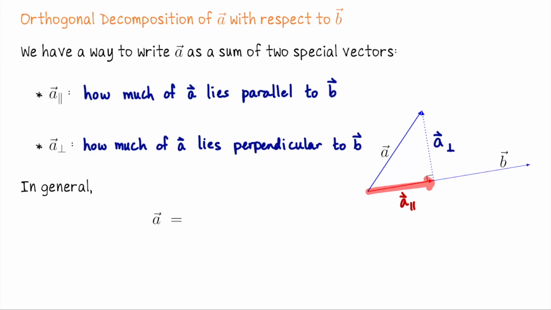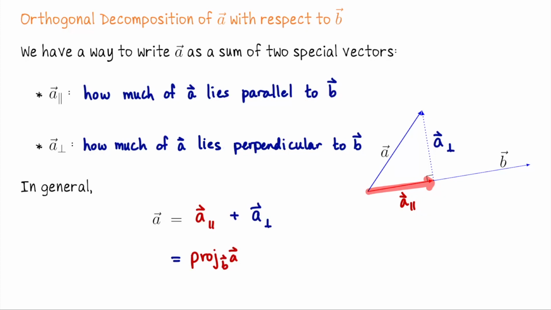And this decomposition says that if you do the vector sum, so you start at the tail of A parallel, go to the head of A parallel, then put the tail of A perpendicular there and go to the head of A perpendicular, A can be decomposed as A parallel plus A perpendicular. A parallel we recognize as the projection of A onto B. So this is the projection of A onto B that we've been looking at in this lecture.